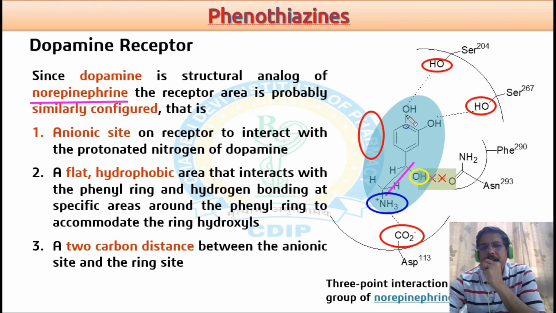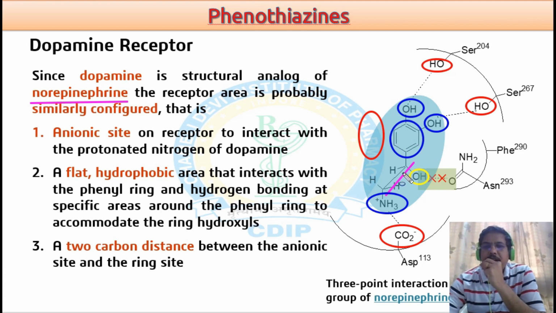Similarly, for the hydrogen bond, there is a complementary group present on the ligand, and for this hydrophobic zone, there should be a complementary zone.